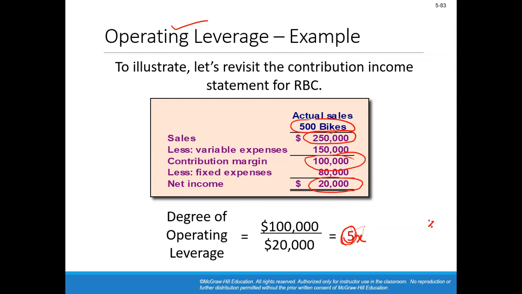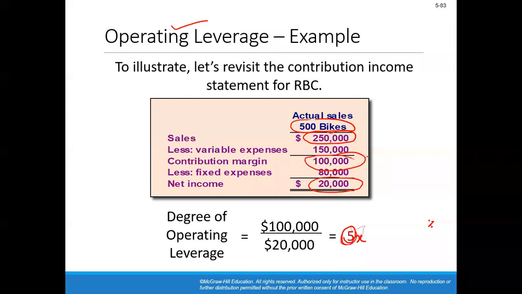So one interesting thing I'd like to highlight: can you recall what our break-even sales quantity was in the current situation? It is the actual sales. Can you recall what our break-even sales was?